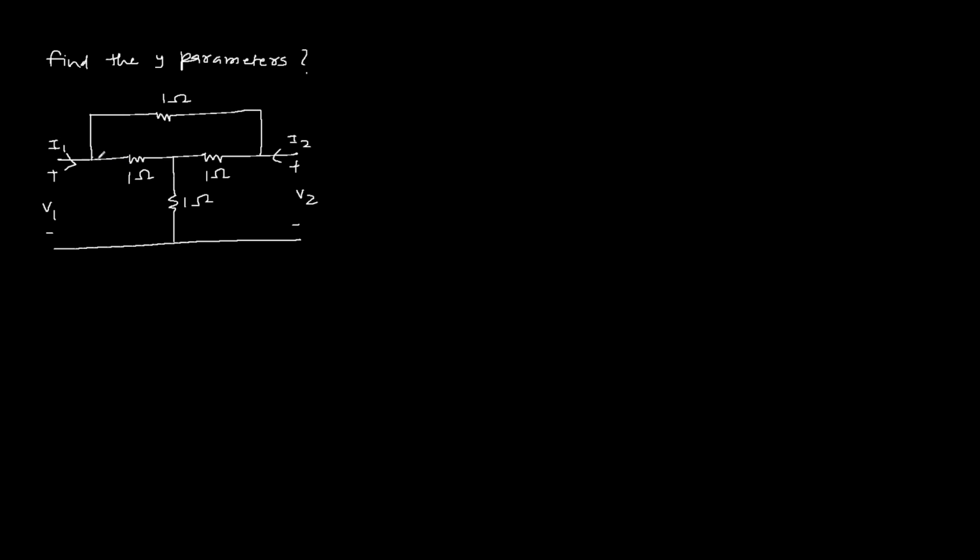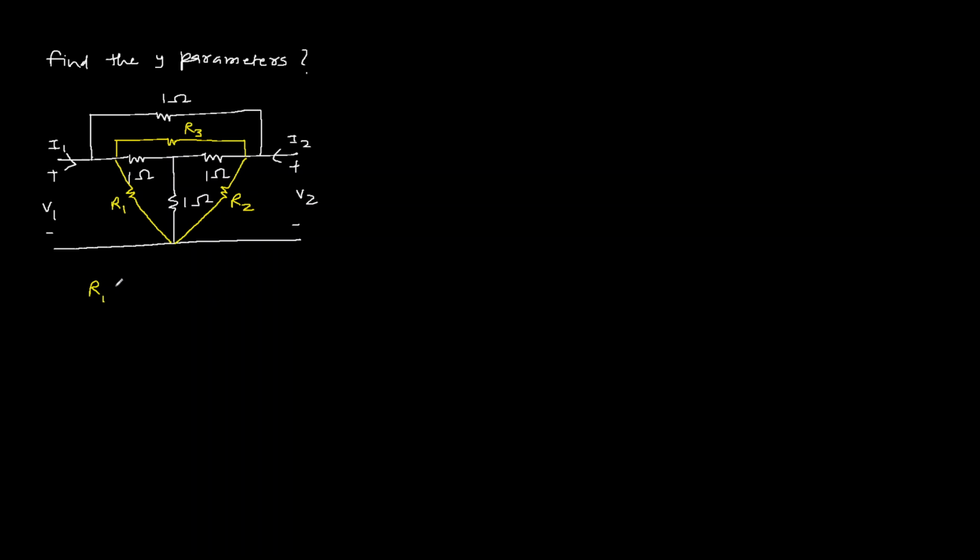For that purpose, I am converting this T network to a pi network, or converting this star connection to delta. Suppose this is R1, this one is R2, this is R3.